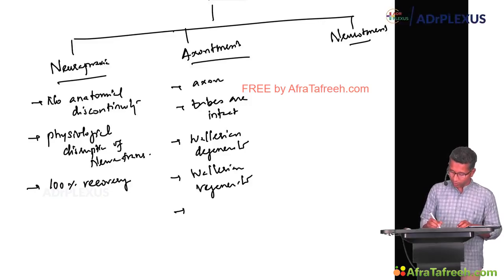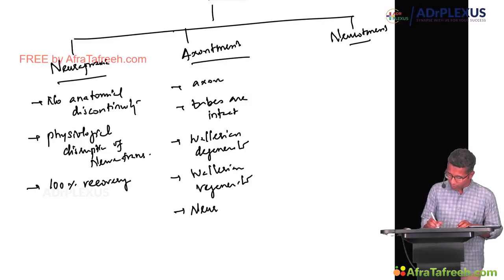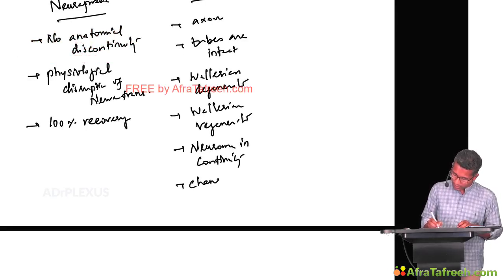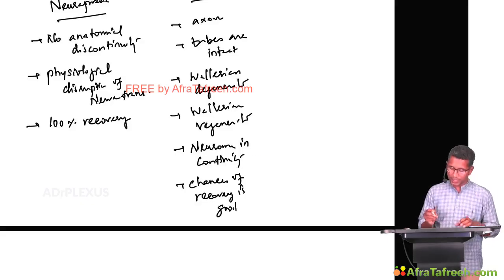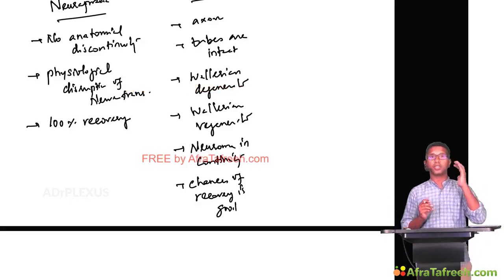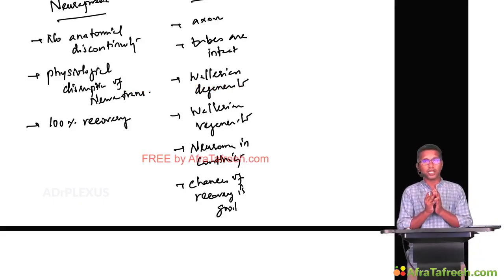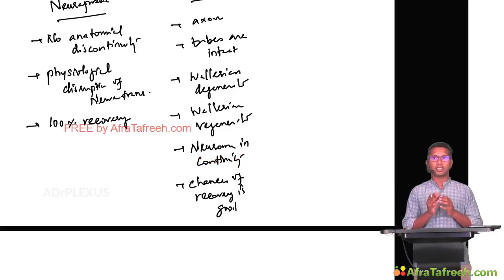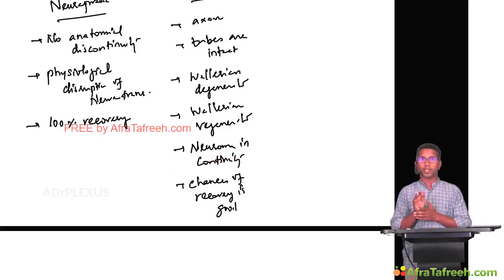Here it forms a neuroma in continuity. The chances of nerve recovery are good again. Clear, guys? Whenever there is an axonotmesis type of injury, only the axon is cut and all the other tubes are intact, so the nerve can grow well within the tube and there is a high chance for this kind of injury to recover well.